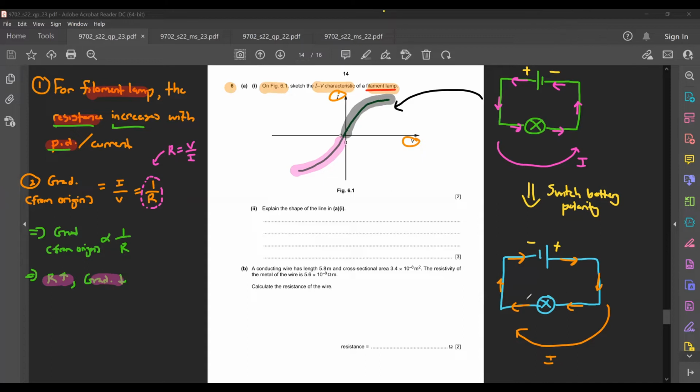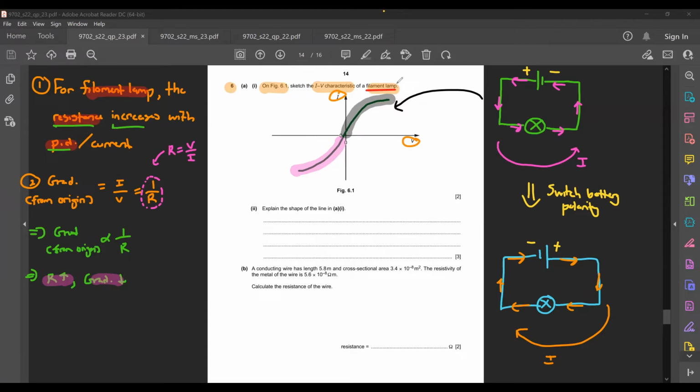All right. So in your current case, your filament lamp is still working. It still has some value of resistance there. It still is emitting some light, but you need to take into account that the voltage and current are actually in the opposite direction. That's why you have this line here that I highlighted in pink.